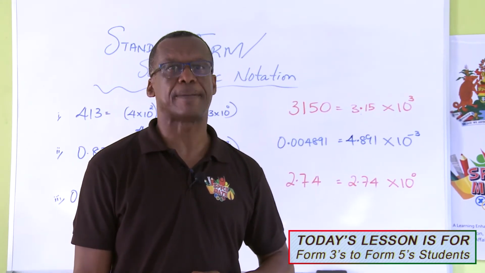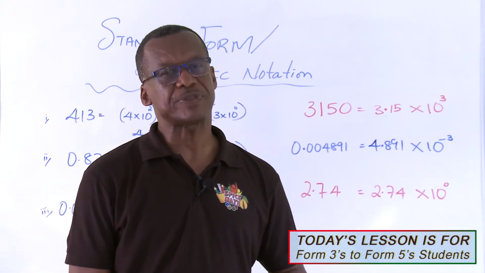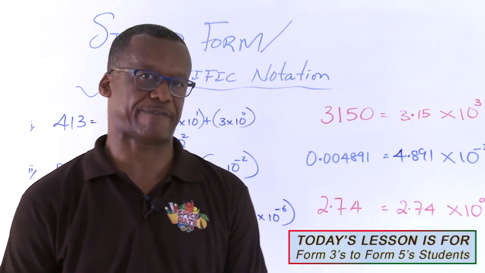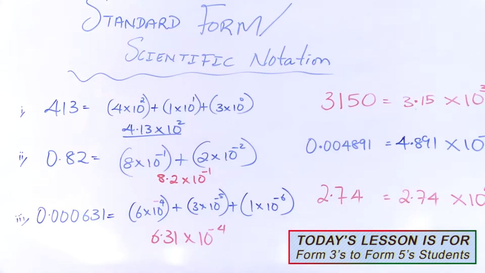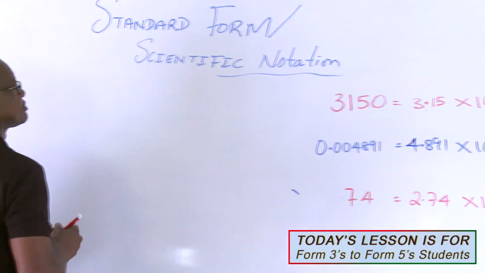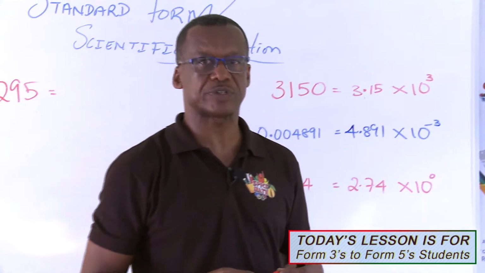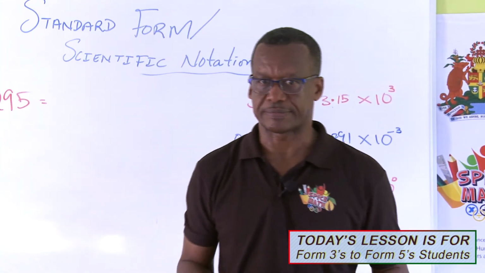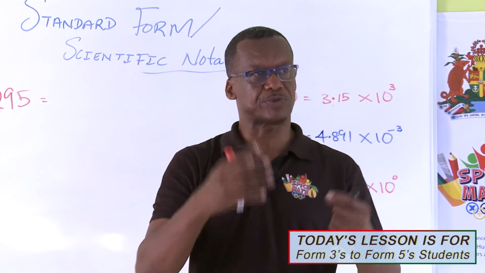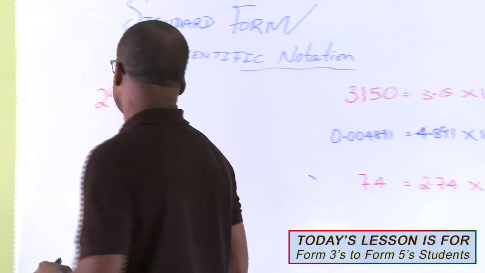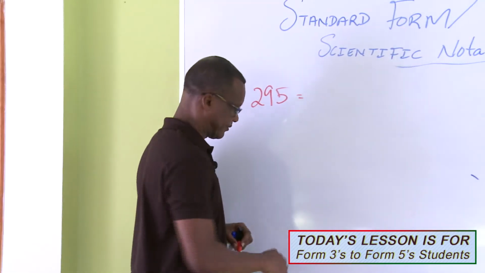Now let's try some. What about the number 295? How do you think we can put that into scientific notation? Or maybe we should review the steps. First step.